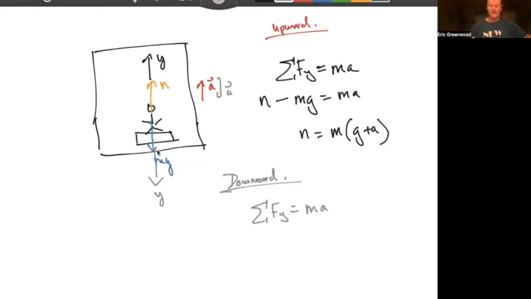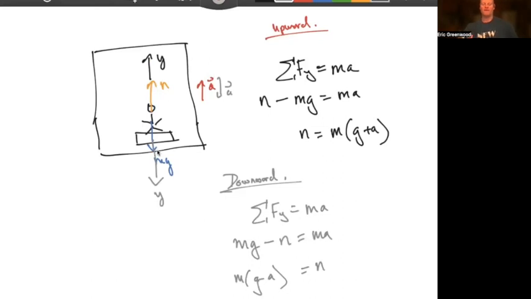Now mg is in the same direction as positive y, so that's positive. I get mg, minus my normal force, because my normal force is in the opposite direction as my positive y direction, equal to ma. Solving this, my normal force is equal to m times g minus a. So in this case, my weight has decreased, or I have lost weight by an amount of ma.